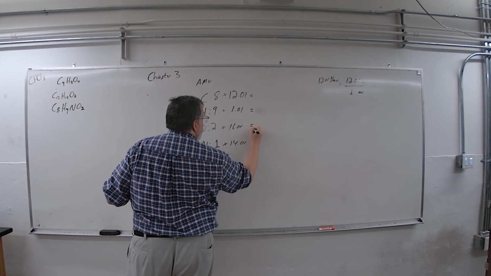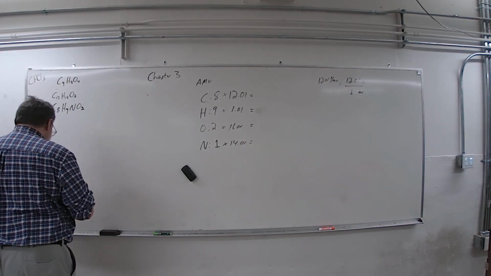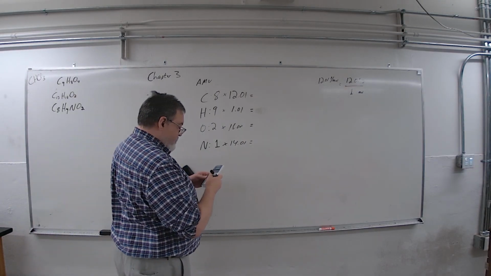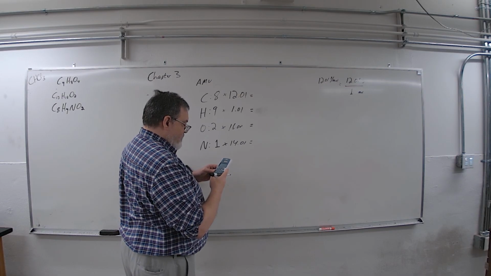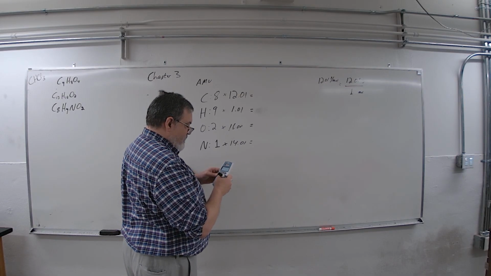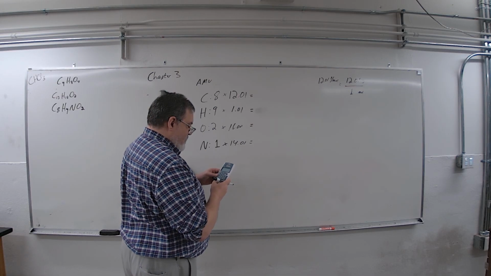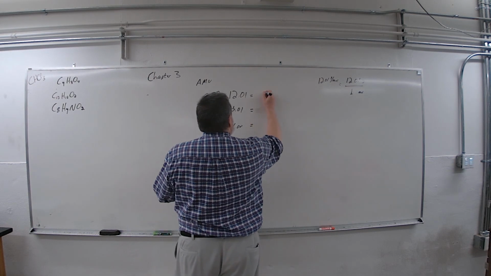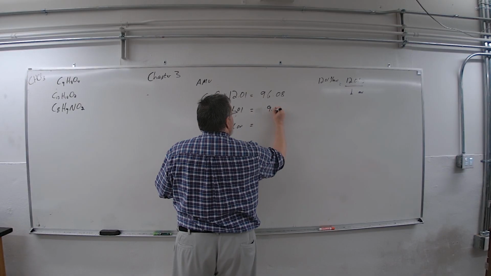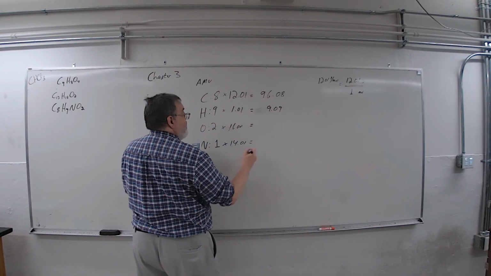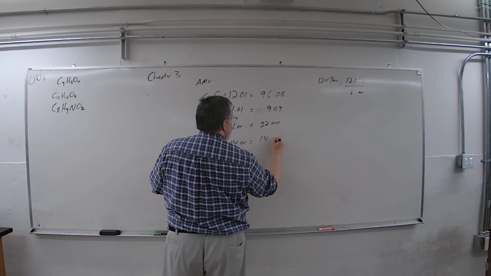Nitrogen is 14.01 on the periodic table. This will be 9.09. 2 times 16 is 32. 14.01.